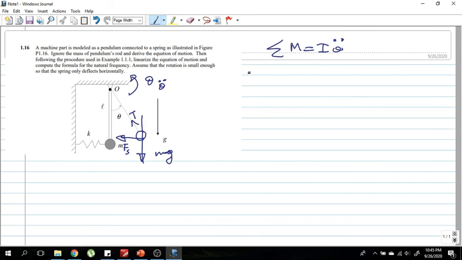First let's write the moment from the mg term. It is mg into this distance. That distance is L sine theta.